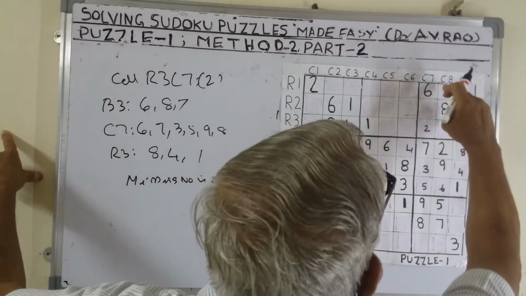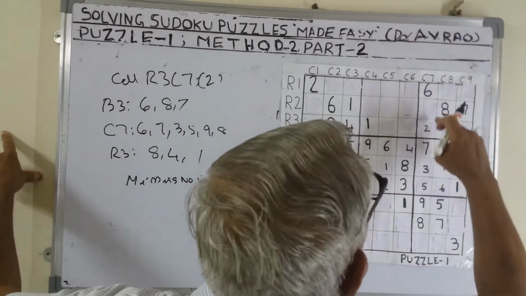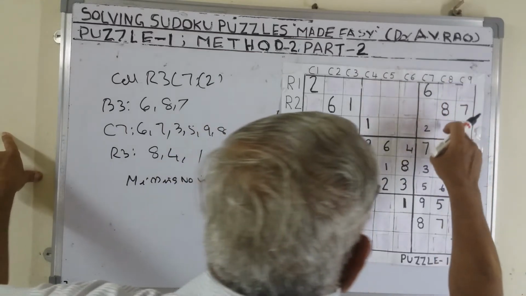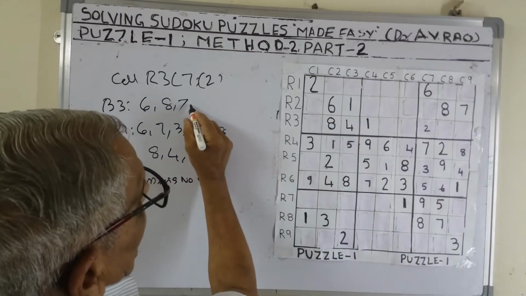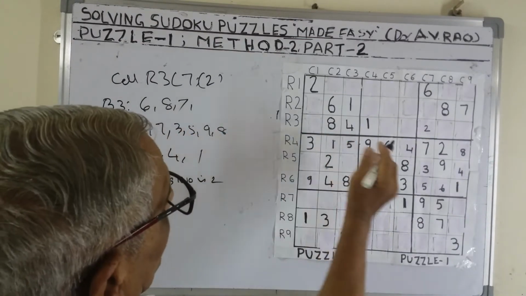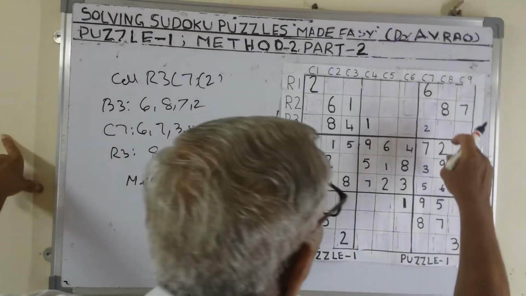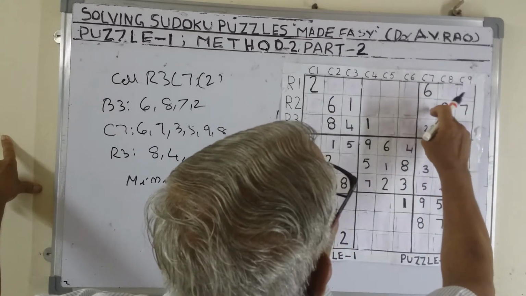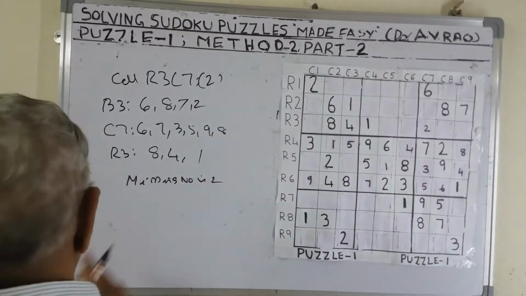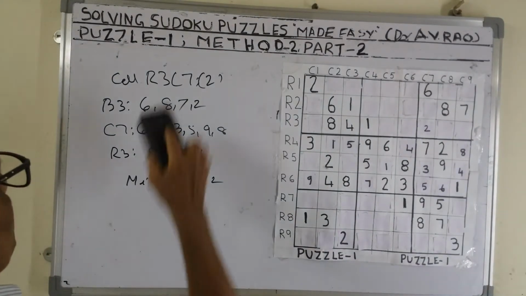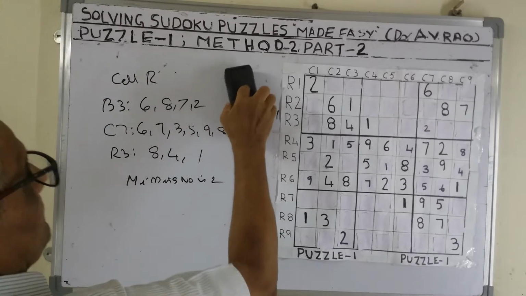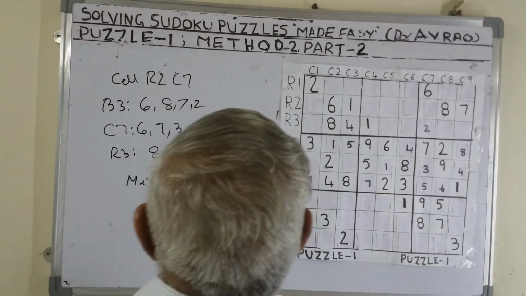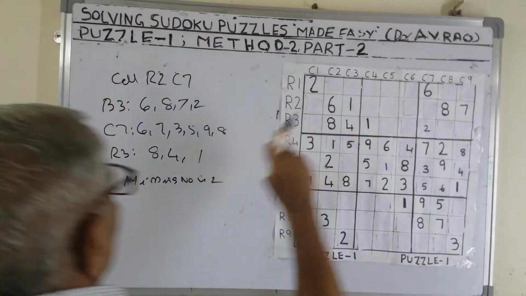Now in this column C7, many numbers are already appearing. So let us continue. In C7 and in the box, another number is added. Okay, 2 is added here in the box, and let us come to this cell. This is the R2C7 cell. So let us take row R2.